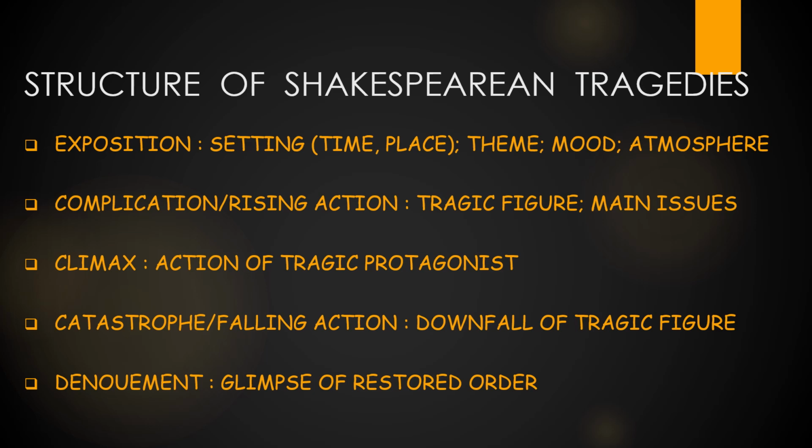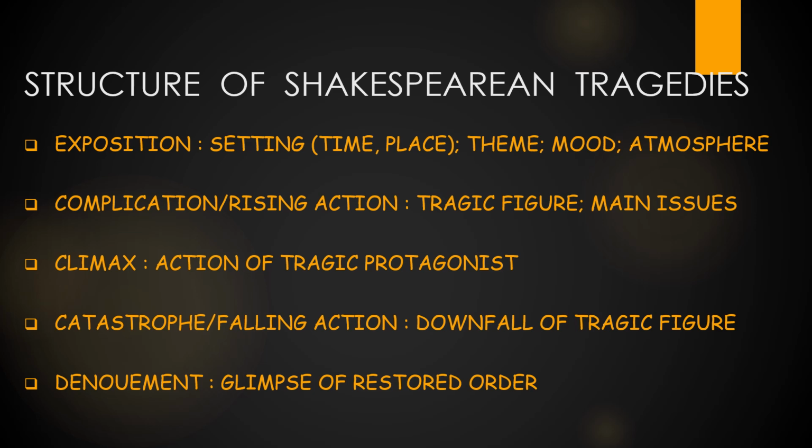Act 3 brings in the climax. Now, the whole of Act 3 is not the climax. There is one particular point in Act 3 which is the climax. The rest of it brings the immediate consequences of it. Act 4 is actually the catastrophe that results because of that fatal action of the tragic protagonist.